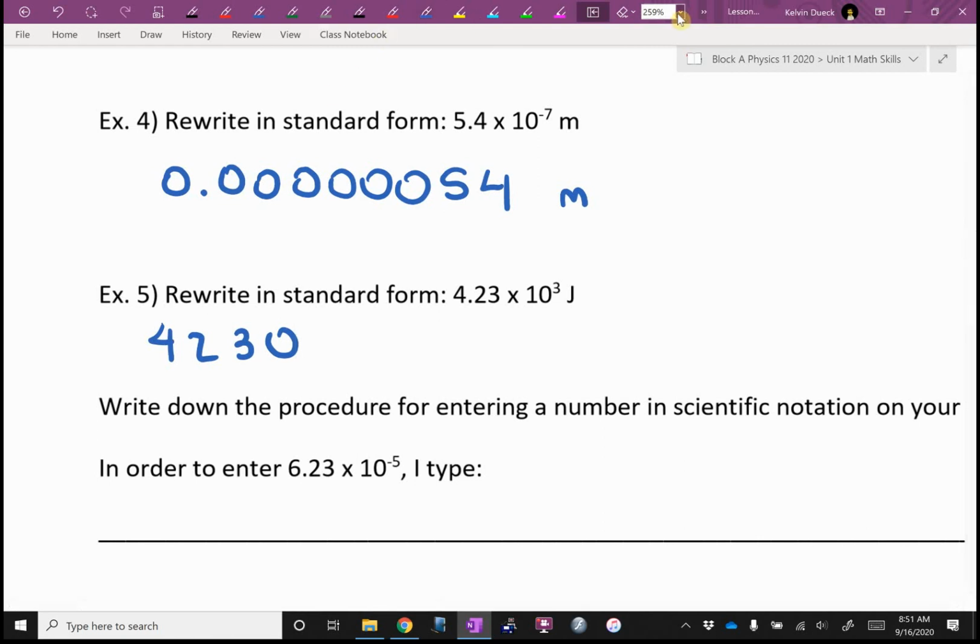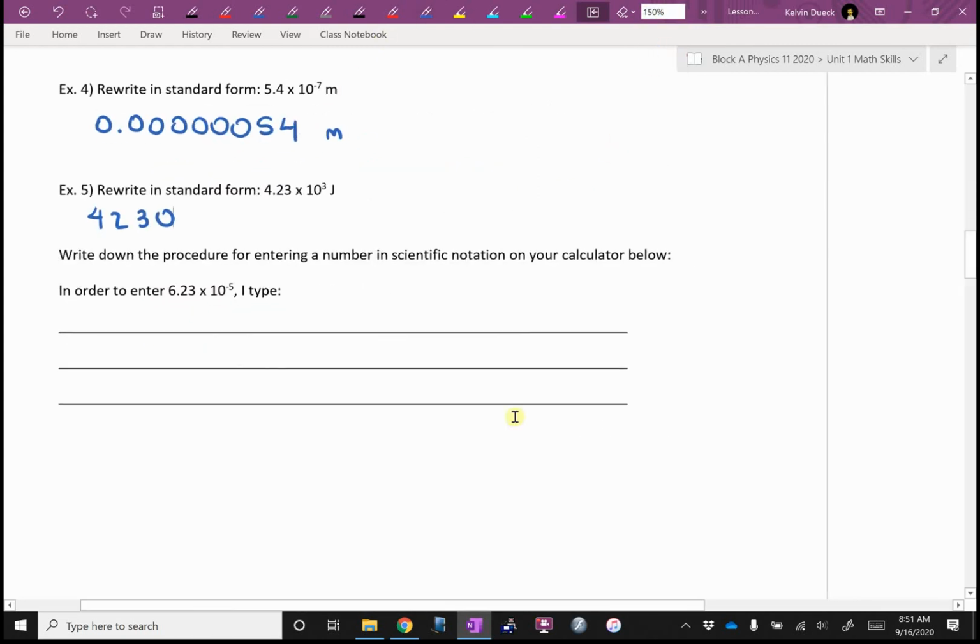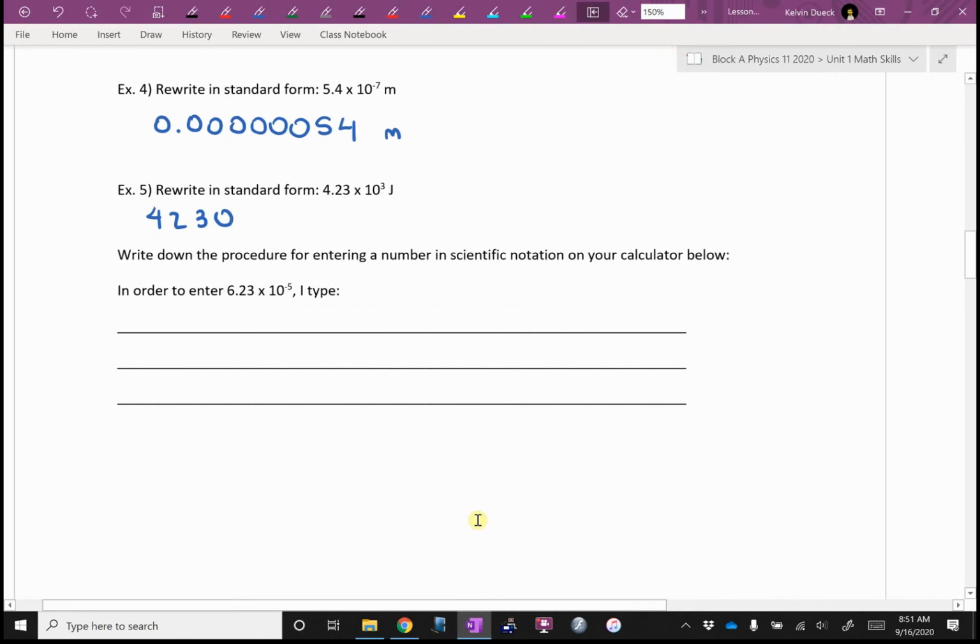What we really need to do now is figure out how we enter this into our calculator. So, if you have a Casio, probably in the bottom row, probably in the middle, you might have a times 10 to the button. That is your scientific notation button. Don't hit it yet.